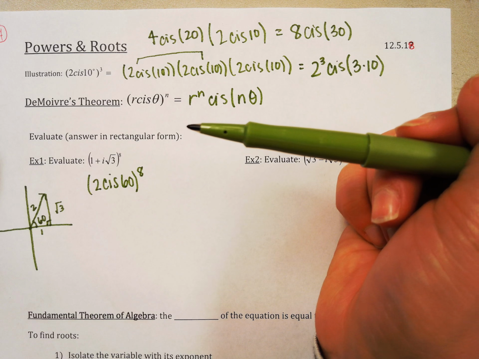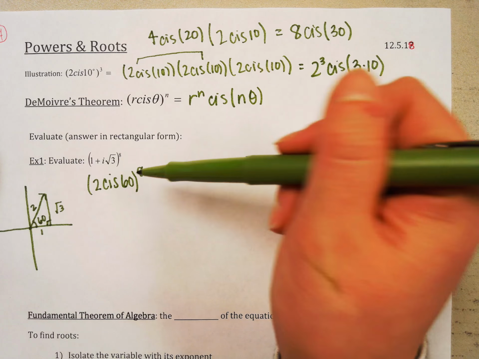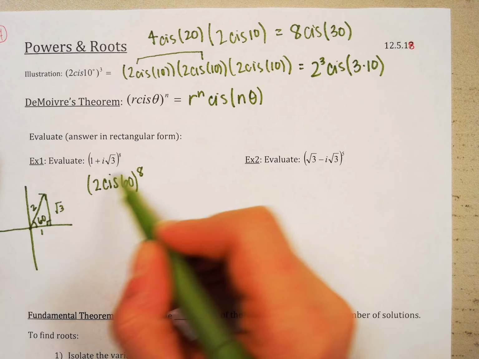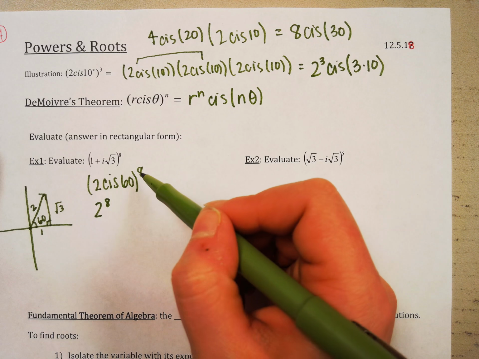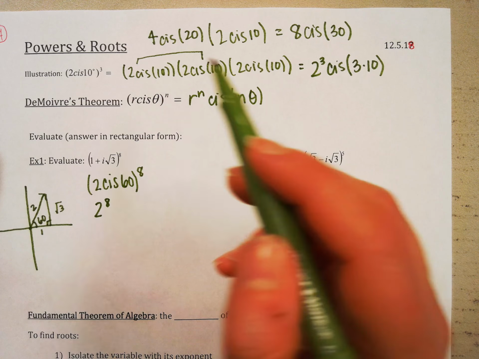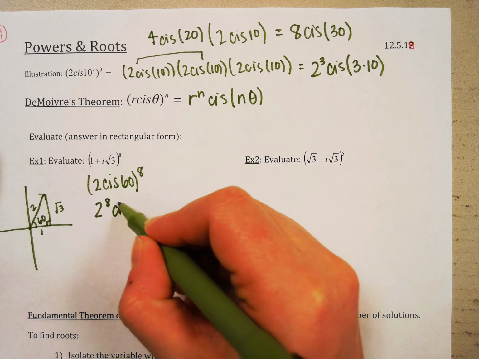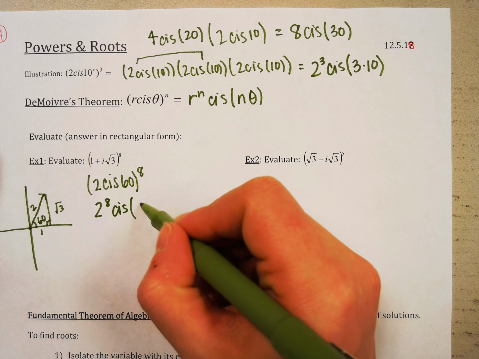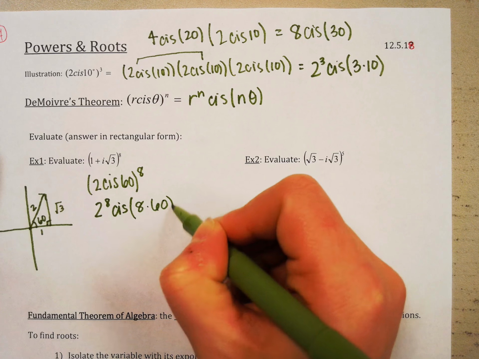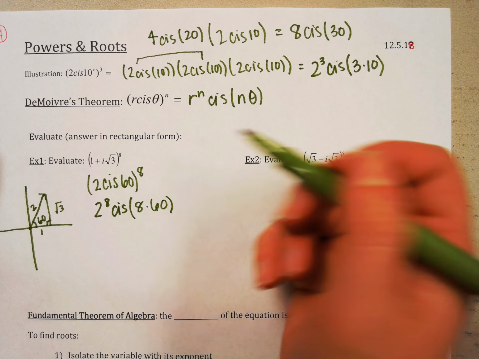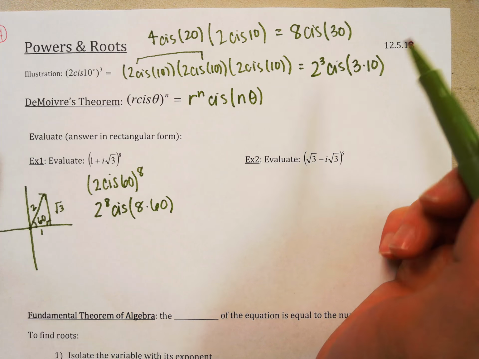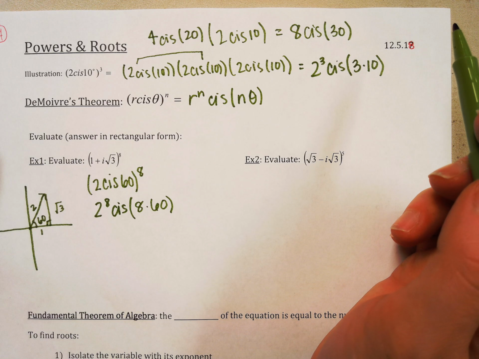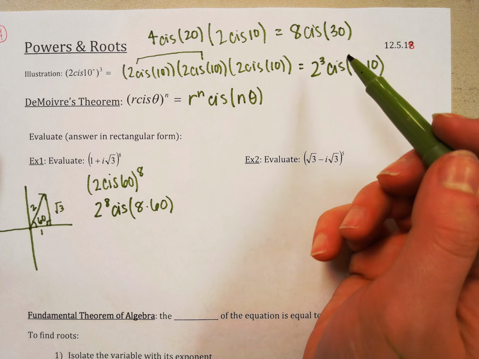So if I'm going to use de Moivre's theorem, this is telling me that I can bring down the power and raise then 2 to the 8th, because that would be what I have in a line here, 2 to the 8th power. And then I can multiply 8 by my angle. I'm doing that again because I have this in a line, and I end up adding all of those angles as I'm using my product theorem.